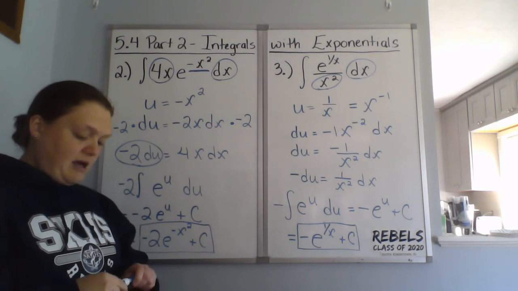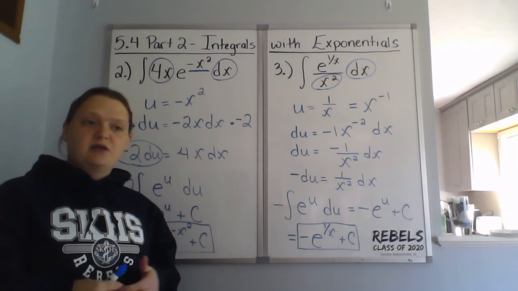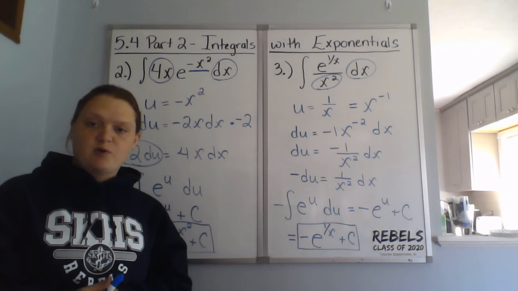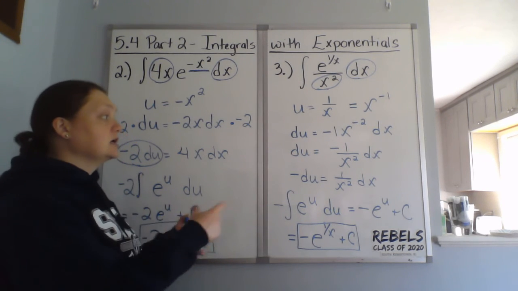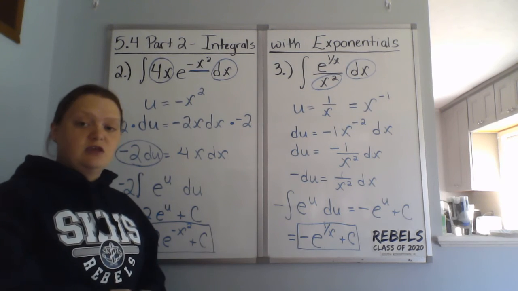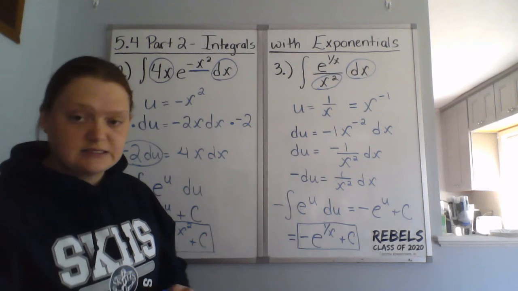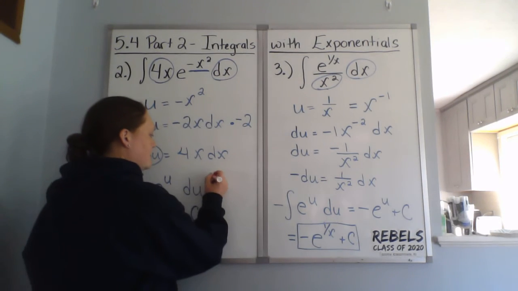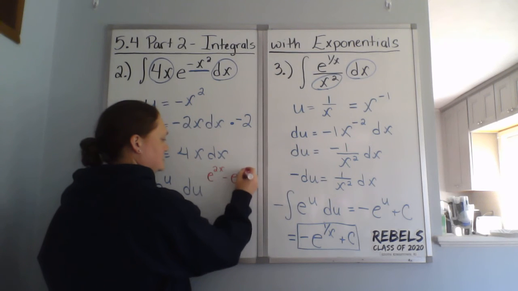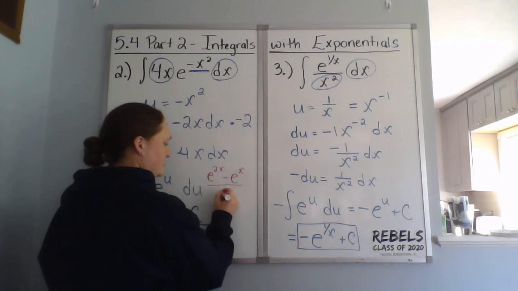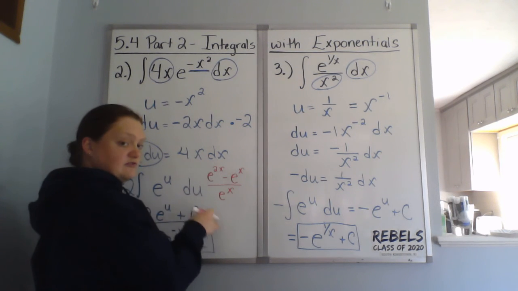One thing I want to remind you of is if you see multiple exponentials, but they can be simplified, like we talked about when we were doing derivatives, you can do those simplifications before doing any of the integral work. What I mean by that is if you saw something like e to the 2x minus e to the x over e to the x, we divided this and simplified it down.